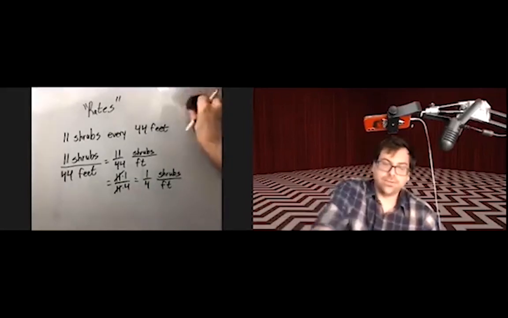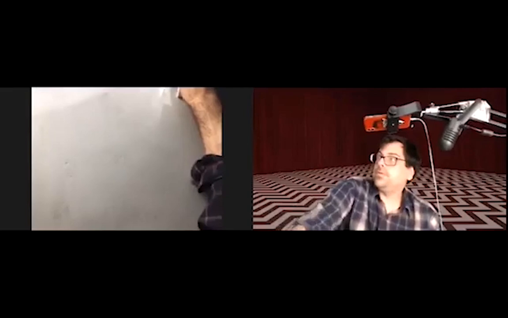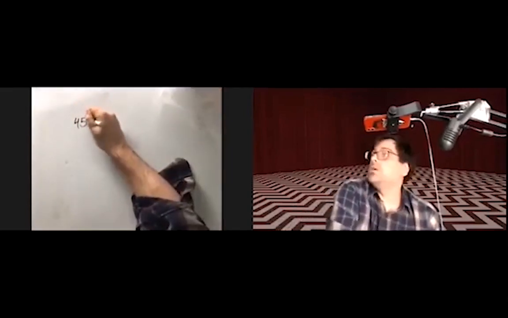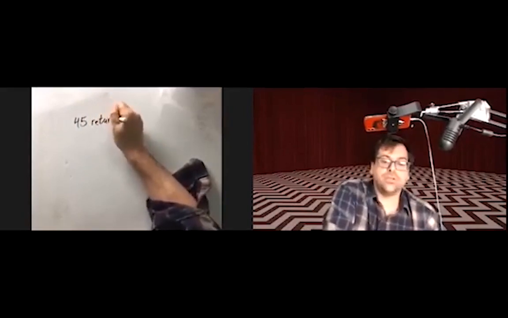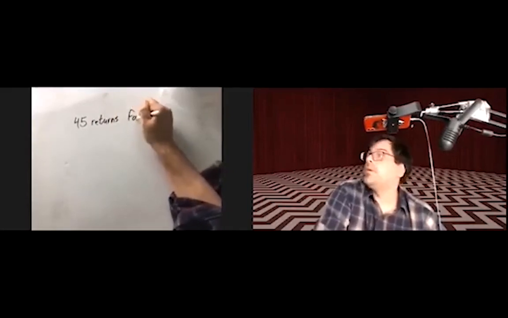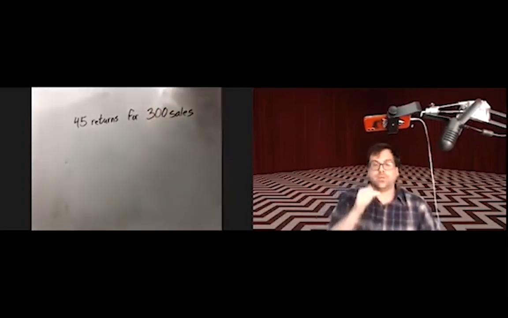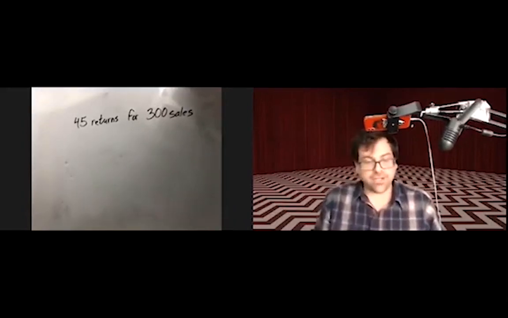Let's look at another. If a particular store has 45 returns for 300 sales, how can we write this ratio as a simplified fraction?